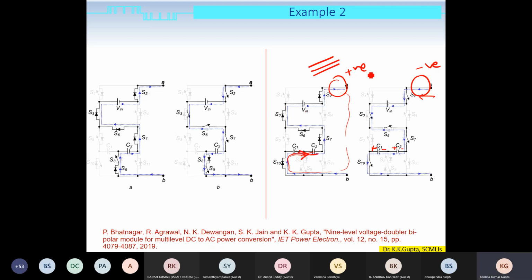For the same state, based on the direction of current, the capacitor may get charged or discharged, right? But if the load is purely resistive and the current does not change its direction, then the capacitor will undergo only discharge process because there is no inductor to charge the capacitor in that specific state.